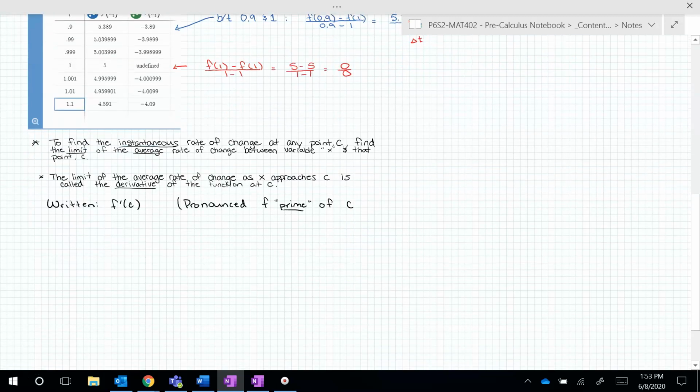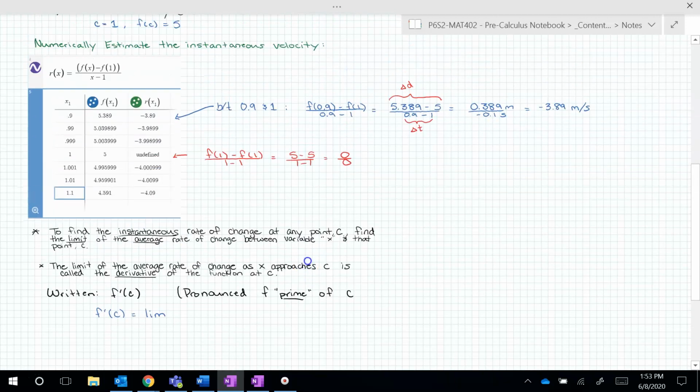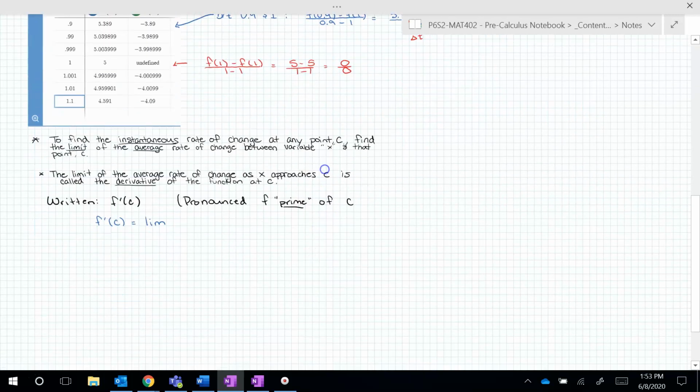And I can define that formally: the derivative of something at point c, f prime of c, is the limit of that difference quotient, of that r of x. That change in y, f of x minus f of c, divided by the change in x, x minus c, as x gets closer and closer to c.